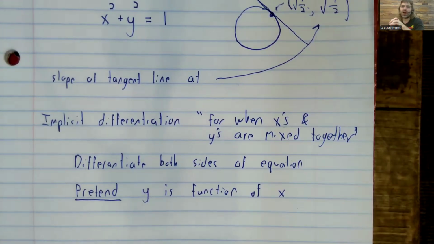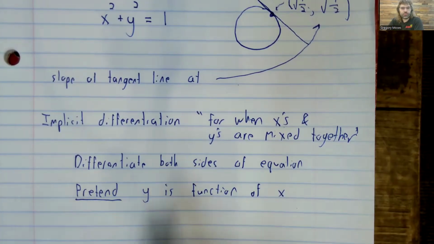It's obviously possible to justify this in a formal mathematical way, but fundamentally, that's the answer. The way we deal with y not being a function of x is just refusing to acknowledge that fact and pretending that it is.